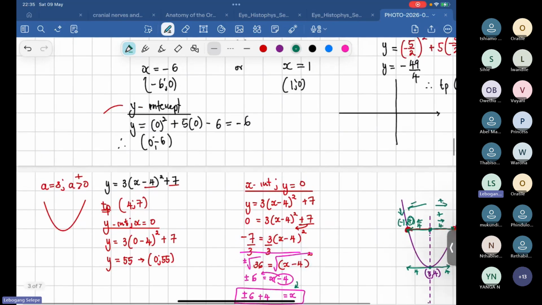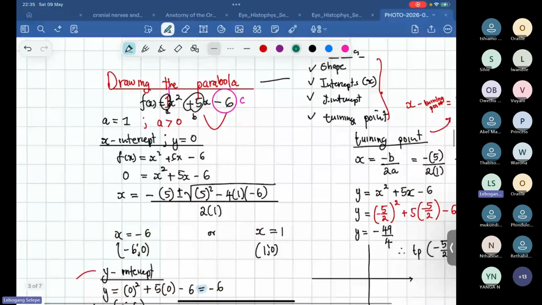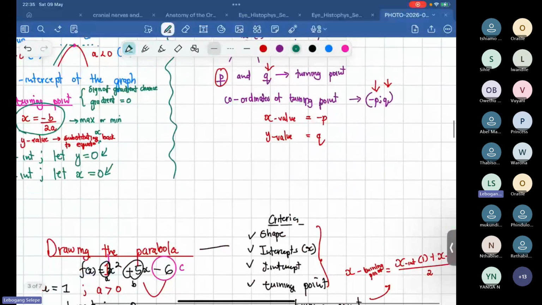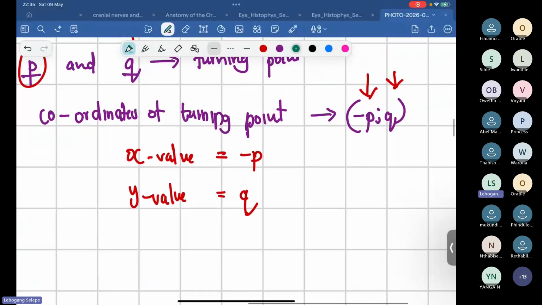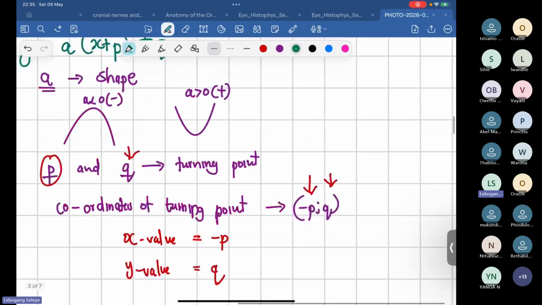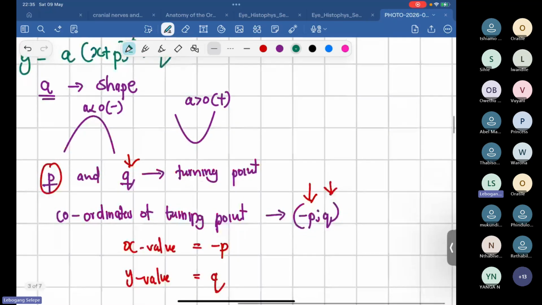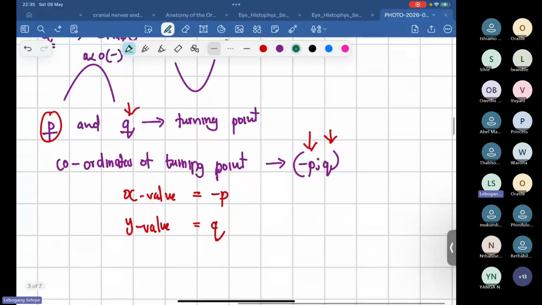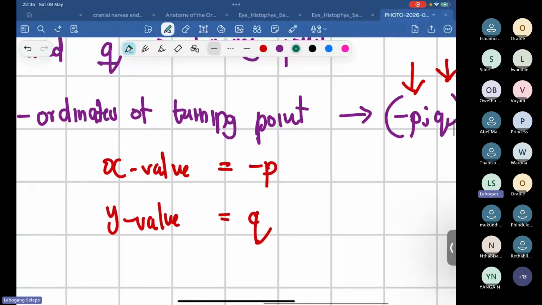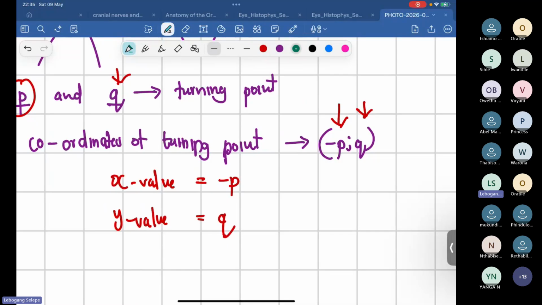Yes, so that's what I was trying to indicate right here, where I said the x value of the turning point is negative p, and the y value of the turning point is q, which basically tells us that every time you see the value of p, you change its sign to make it negative p, which is the x value of the turning point, and the value of q remains as it is as the y coordinate. Does that make sense? Yes, ma'am. Right.